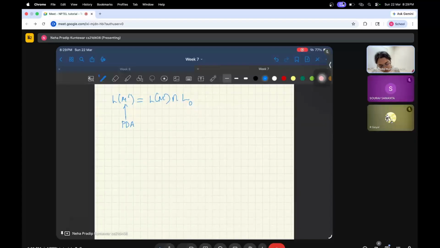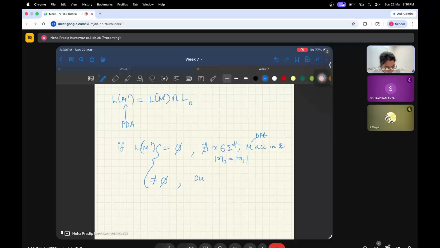Now if L of M prime is empty, what does it mean? It means that there does not exist a string x in sigma star such that M, the DFA, accepts x and the number of zeros and ones are equal. If this is not empty, then what that means is there is indeed a string; I'll just write such a string exists.